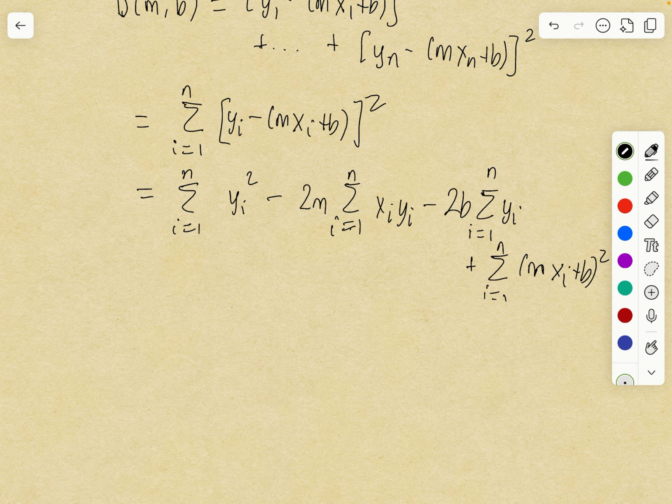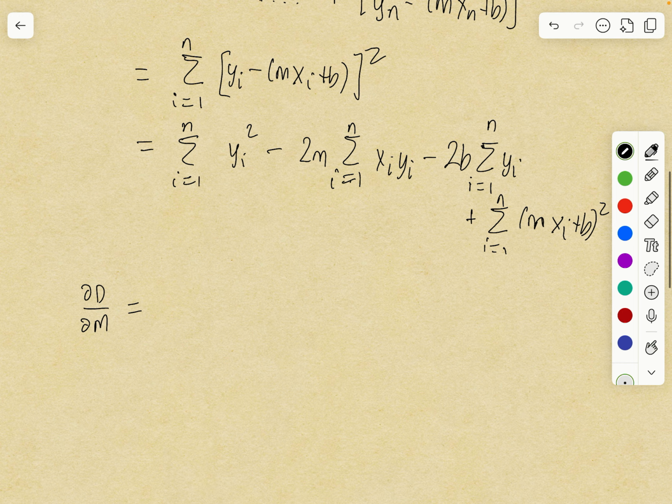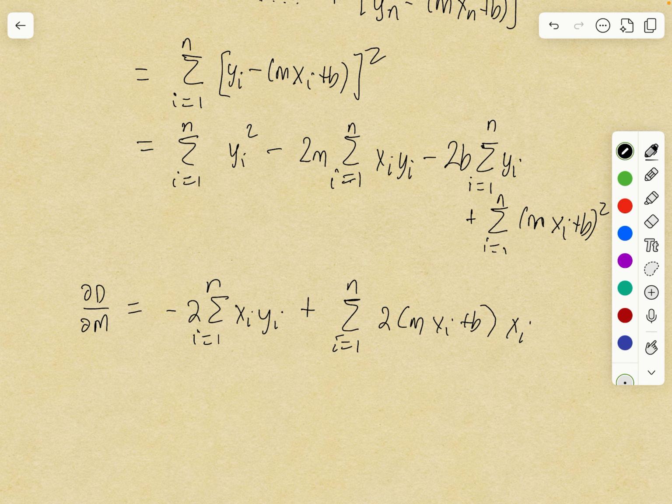So now we can take the partial derivative with respect to m. And so this first term, the sum of the yi squared, will not show up. You're going to get negative 2 times the sum of the xiyi from 1 to n. And then there's something from the last term. You're going to get plus the sum from i equals 1 to n of 2 times (mxi plus b) xi.